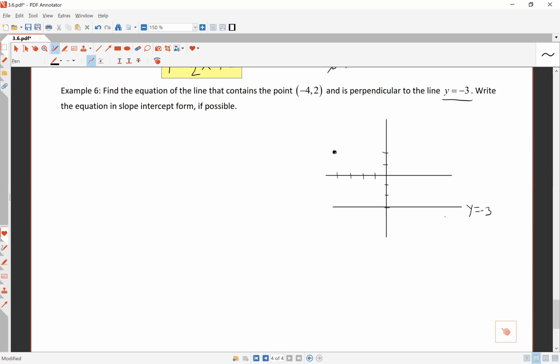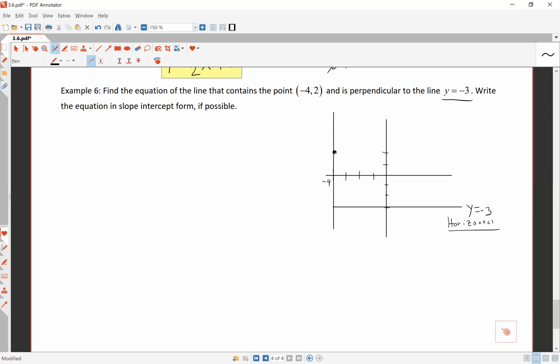To be perpendicular to a horizontal line, our line then needs to be vertical. So we're looking for a line that is vertical that passes through negative 4, 2.